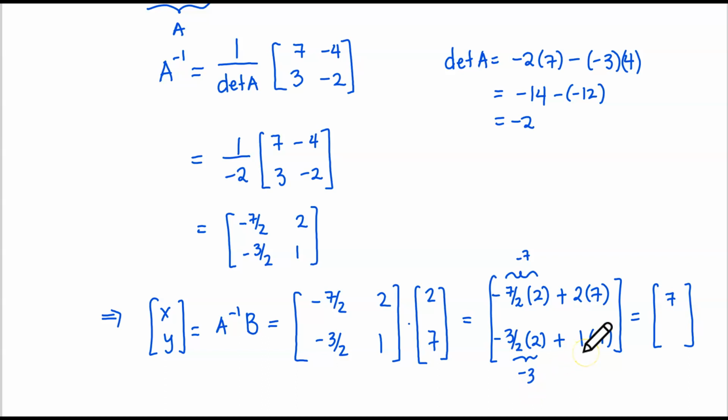Negative 3 plus 7 is 4. Therefore, the column XY is equal to 7, 4. This implies that x is equal to 7 and y is equal to 4.